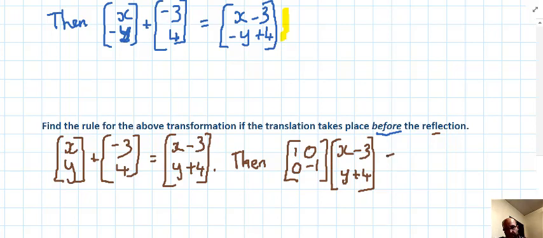Then we multiply through. So that's 1 times x minus 3 plus 0 times y plus 4, so that's just x minus 3. And 0 by x minus 3 plus -1 times y plus 4, which is -y minus 4.